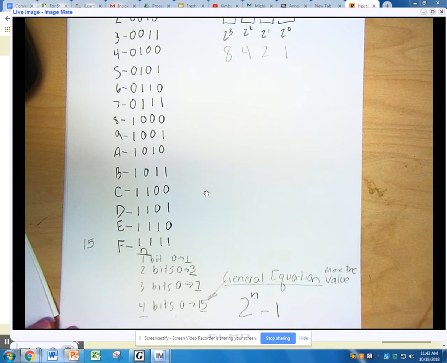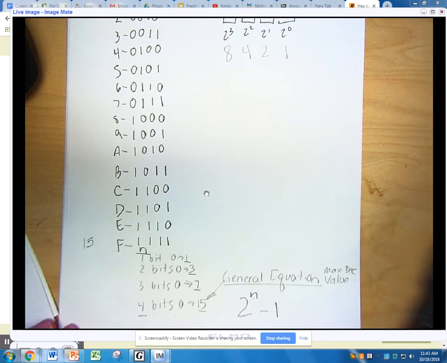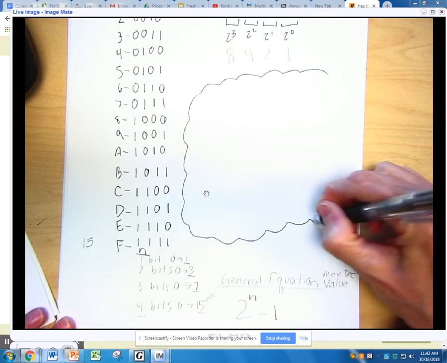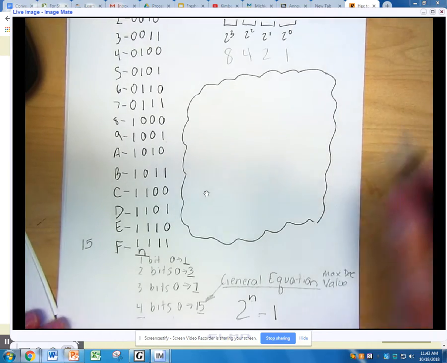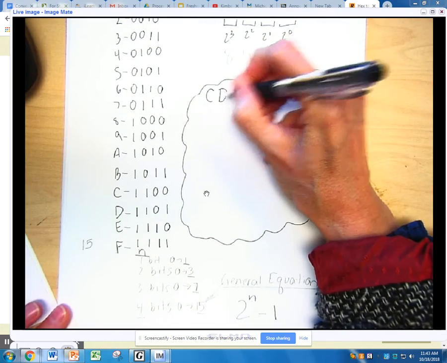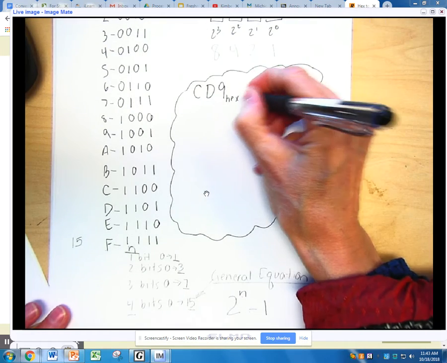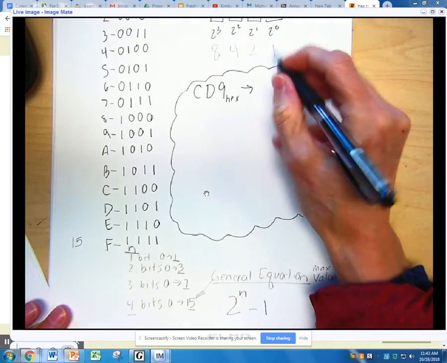So now let's look at that last example that we did. I'm going to draw an example bubble right in the middle of this page. Let's take CD9, that last example, and convert it to binary.